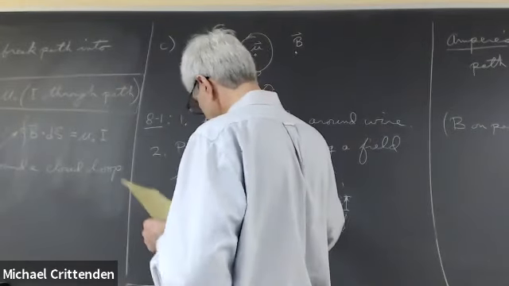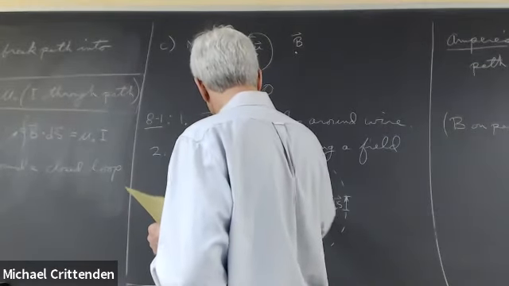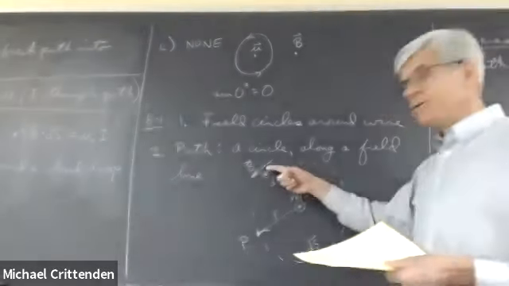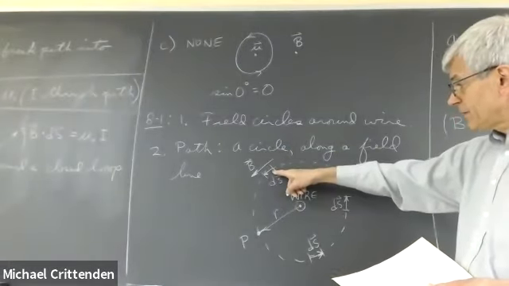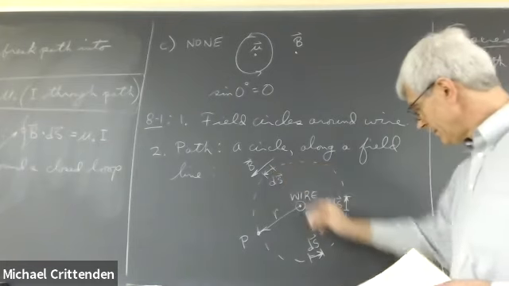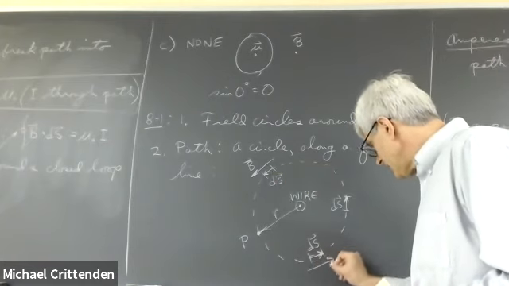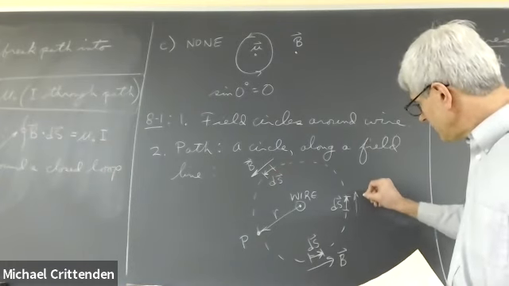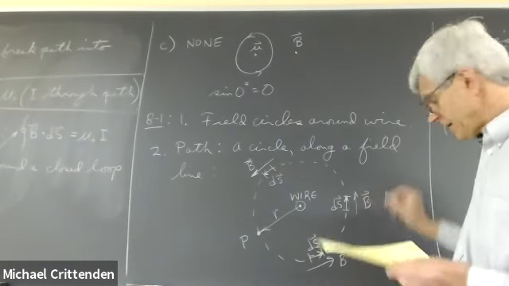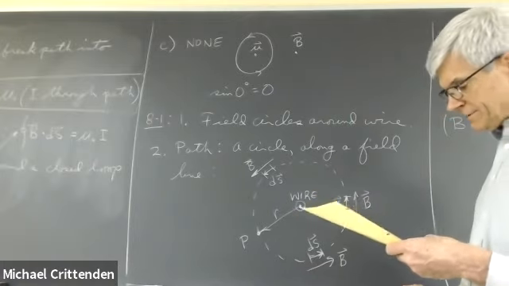Direction of B over here, that way. That was the direction that, when I did the demonstration, the compass would have pointed right there. This is the direction that the compass would have pointed right there, and right there.